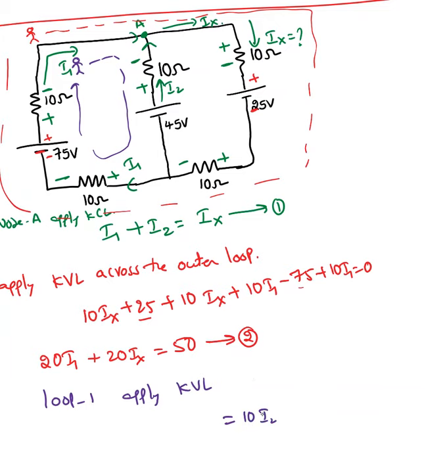So 10 I2. Here I'm writing the gain, here the drop. In this case, drop equals gain. So 10 I2 is gain, 45 is a drop, and plus 10 I1 is a drop, minus 75. That's a gain, so I can write it on the other side.